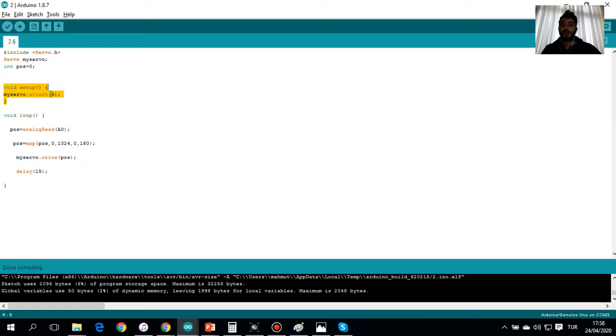It means my servo is attached, connected with pin 6. I'm going to read my value from pin 6. This is like choosing a pin mode. And we have here our void loop. In the void loop, the first thing we are going to do is read the analog value from A0 and put it in the position.